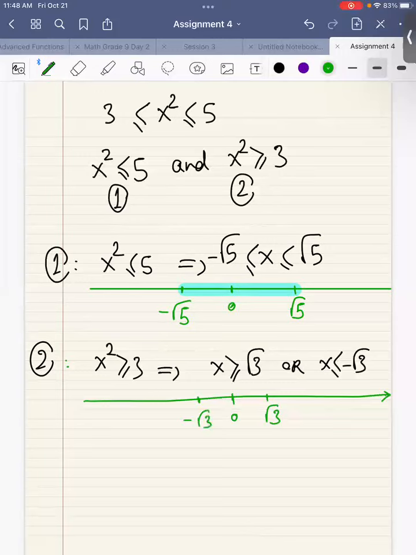So for the second inequality, x must be here, right? Now, if you take the intersection of these two solutions, what is the common part of these two regions? Because at the same time, x must satisfy both of them, right?